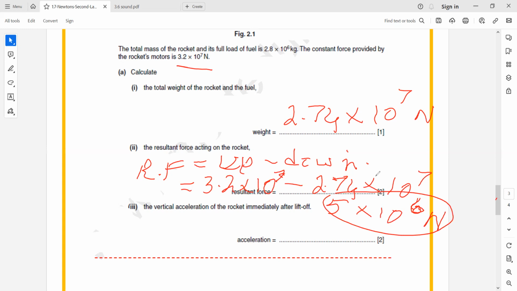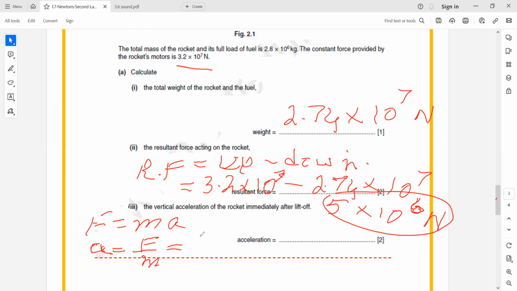Resultant force. Okay. Now in the last part, you can see the vertical acceleration of the rocket immediately after lift off. Now you have to use this formula again, F is equal to ma. Make a the subject, a is equal to F over m.